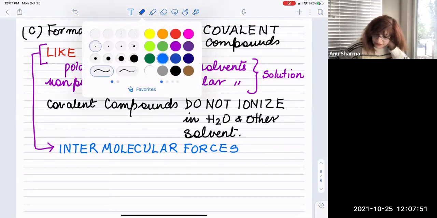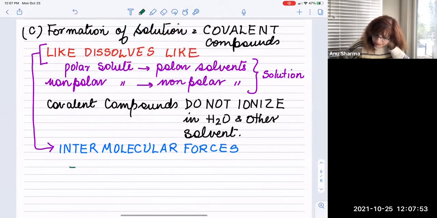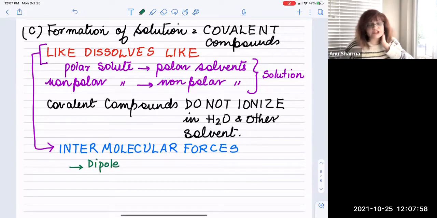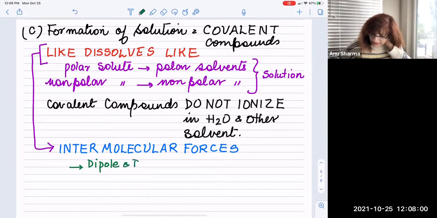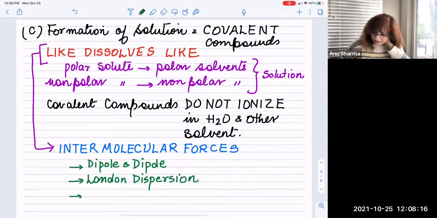For example, dipole-dipole. We already discussed that in the previous chapters. Then there is the London dispersion, and then there is hydrogen bonding, okay? So let's look at this now.